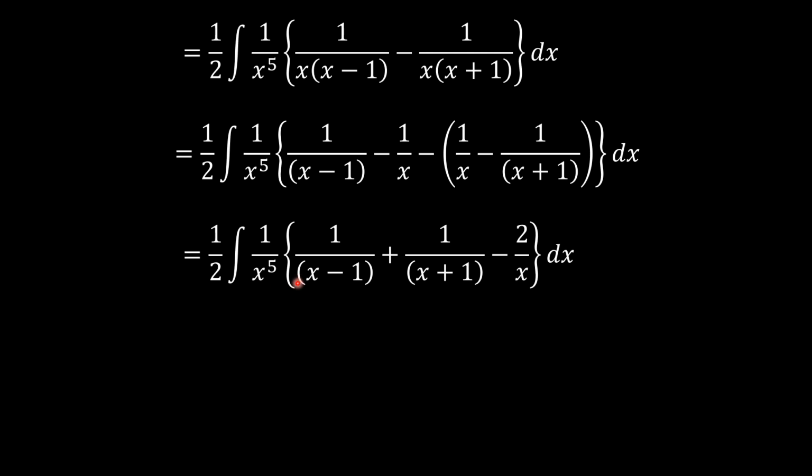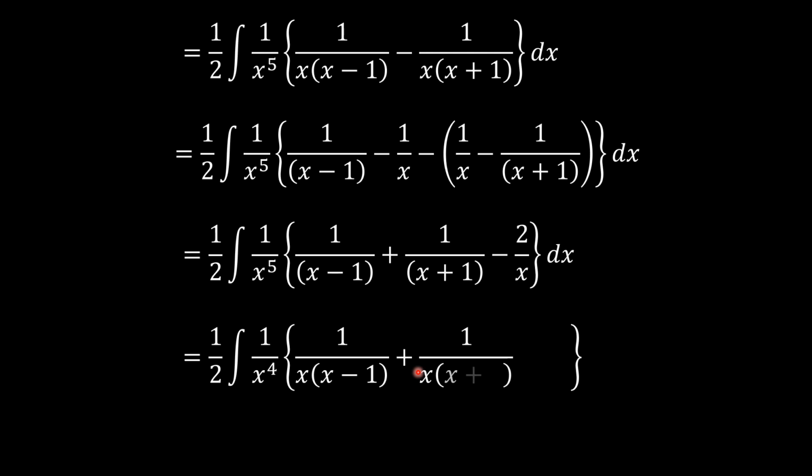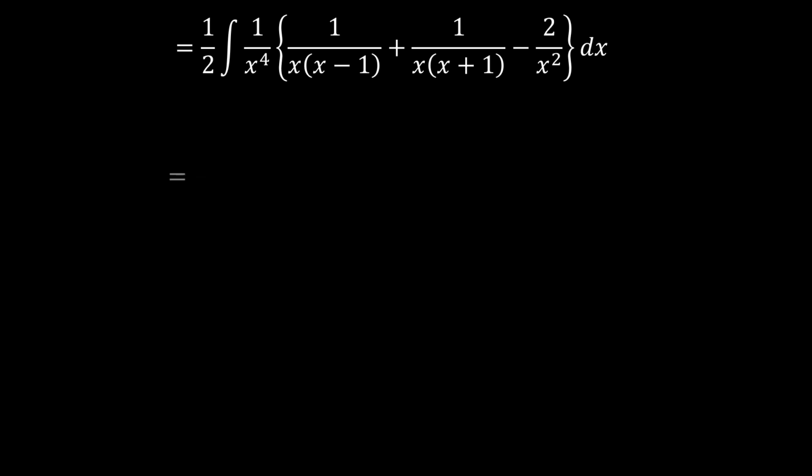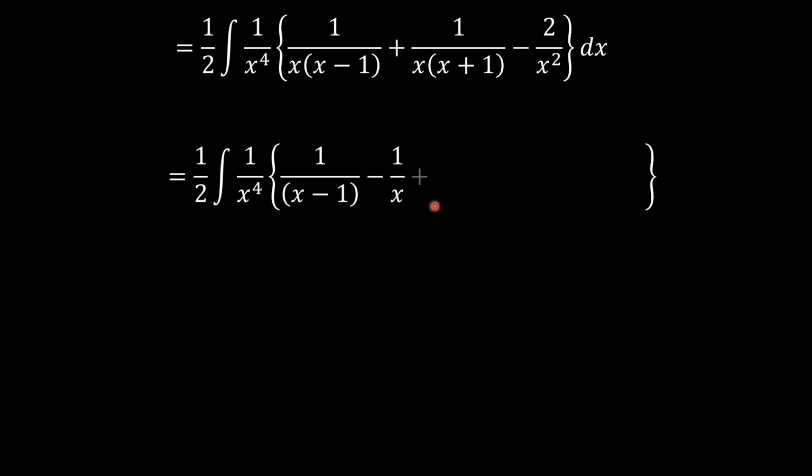Then again, we link 1 x into the bracket. So we have 1 over 2 integral of 1 over x to the 4th, times open bracket, 1 over x times x minus 1 plus 1 over x times x plus 1 minus 2 over x squared. This part becomes 1 over x minus 1 minus 1 over x, plus this, open bracket, 1 over x minus 1 over x plus 1.